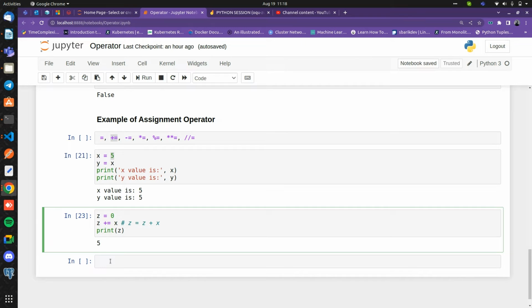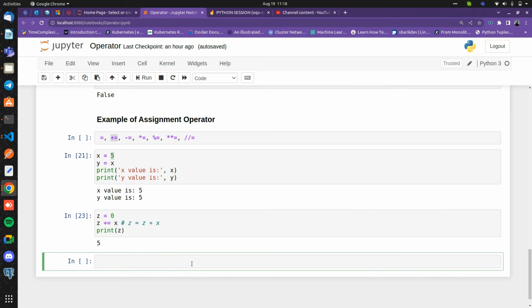If I do the same with, say, z2 plus equal to z, it will also give me an error because z2 is not defined. So what I'm going to do is z plus equal to z.